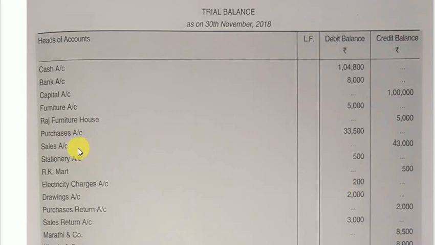In this question, I don't see income other than sales. Sales is the only one being reflected here and it will always be a credit. So the tip is, for preparing the trial balance, assets will be debited, liabilities will be credited, expenses will be debited, and incomes will be credited.